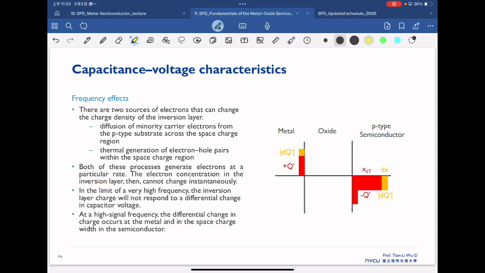The electron concentration in the inversion layer cannot change immediately. So that means in the case of the high frequency, the inversion layer charge will not respond to a different charge in the capacitance value. So the decoupling here cannot be reflected in this region. This is not possible in the case of the higher frequency.